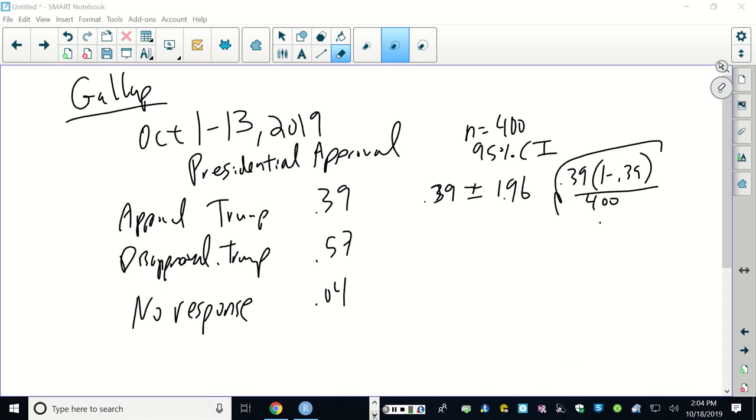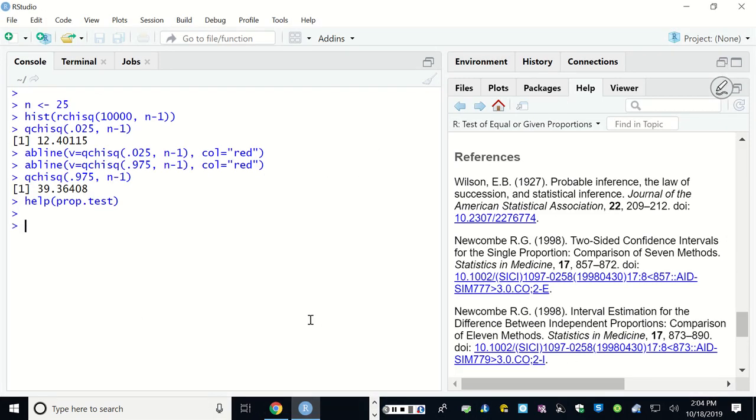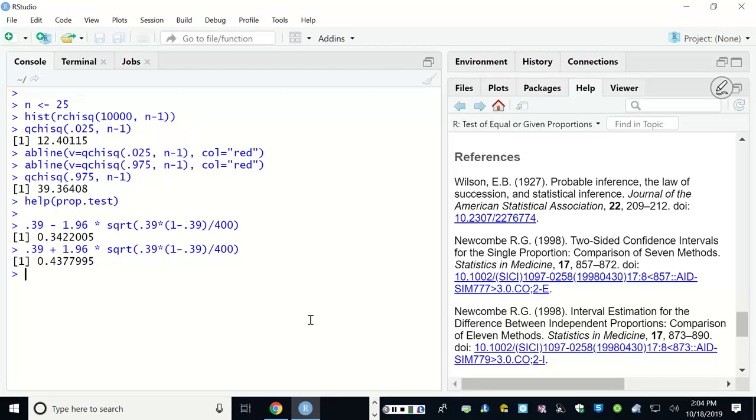So if we do that so-called manually, right, 0.39 minus 1.96 times the square root of 0.39 times 1 minus 0.39 over 399 over, say it's 400, we get that as a lower interval, right? And that one is an upper interval. So we'd be 95% confident that the approval would be somewhere between 0.34 and 0.44, right?